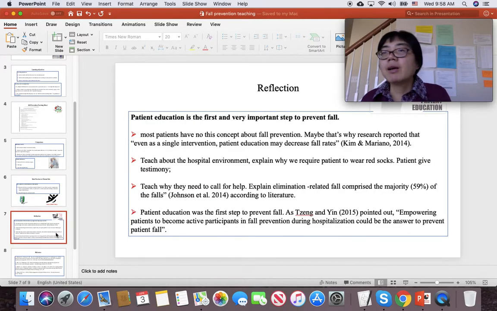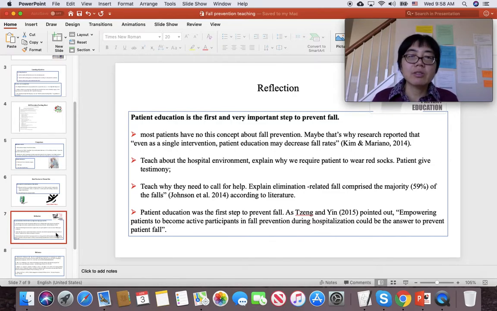By interacting, assessing, and communicating with this group of patients, I learned a lot from this floor, not only from my preceptor but also from my patients.